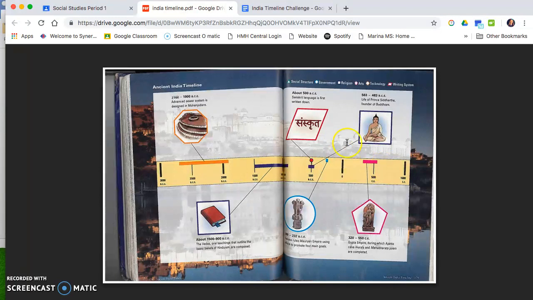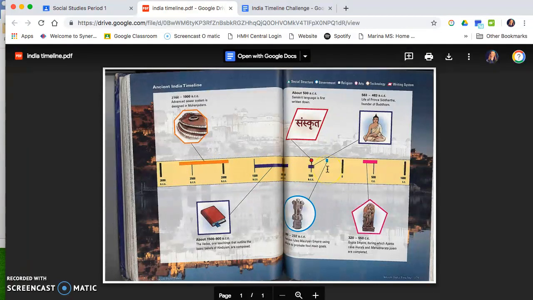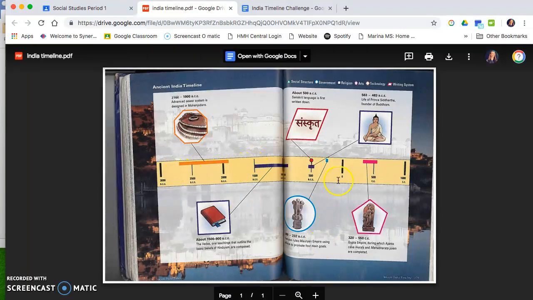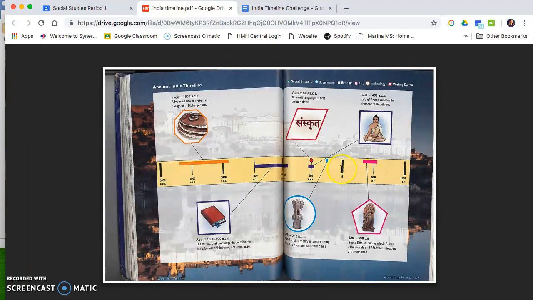I will remind you guys that we're starting to enter the Common Era, okay? So remember that this is that like 0 year, and for most of our time together in ancient history, we've been in the BCE, which is like the negative number line. So this would be like 0, negative 500, negative 1000, negative 1500, and so on, okay? Over here is like the positive side of the number line.